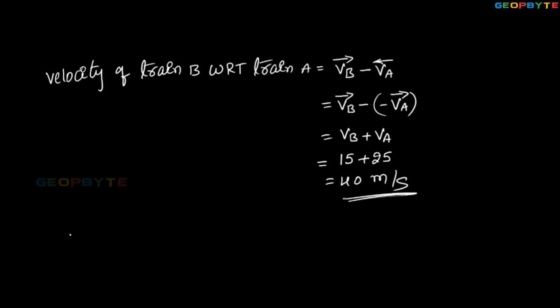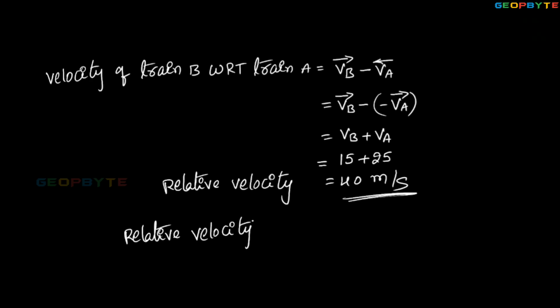Therefore, relative velocity, that means the velocity of train B with respect to A, equal to the length of train B divided by the time taken.